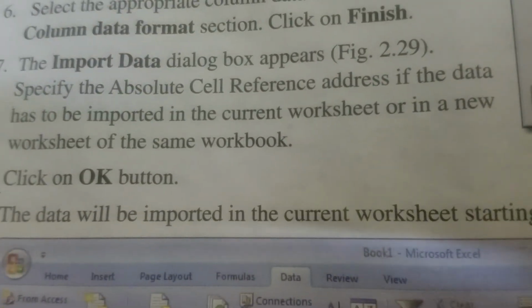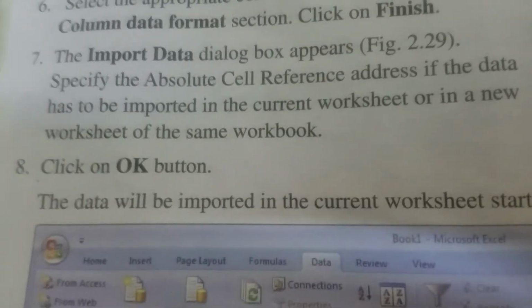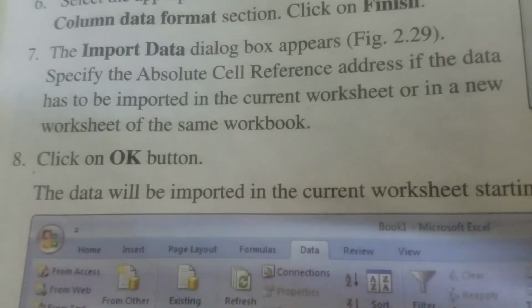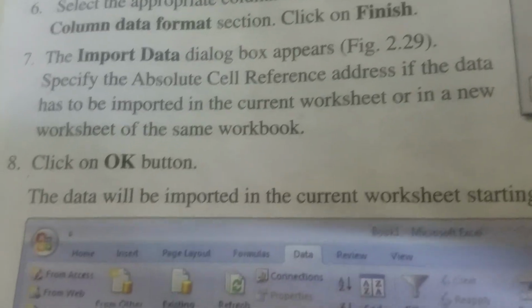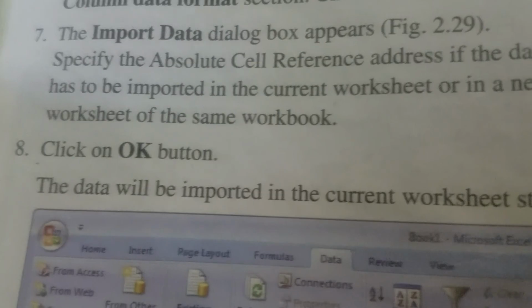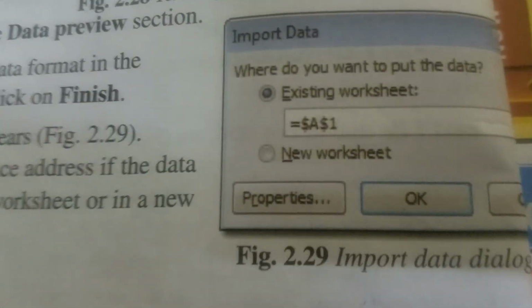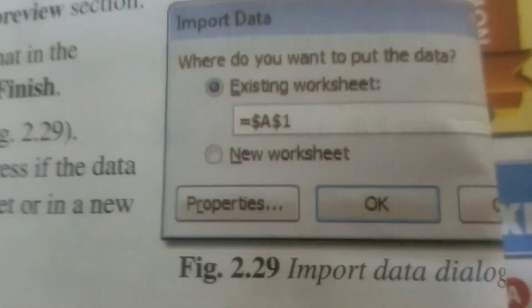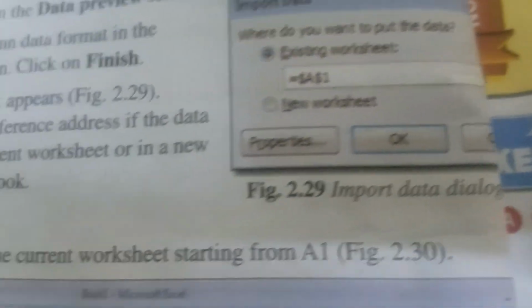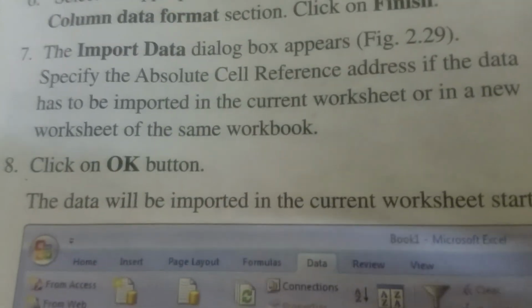Specify the absolute cell reference address if the data has to be imported in the current worksheet or in another worksheet of the same workbook. Where you want your data to be imported, on the same worksheet or somewhere else: in a new worksheet or in the existing worksheet. Click on the OK button.